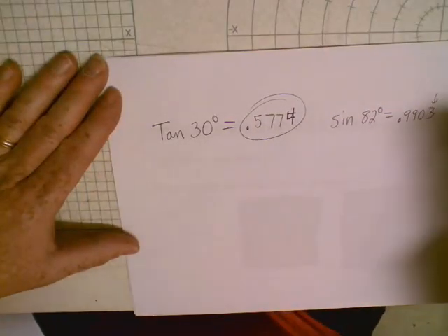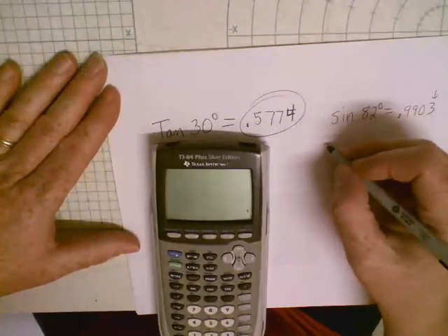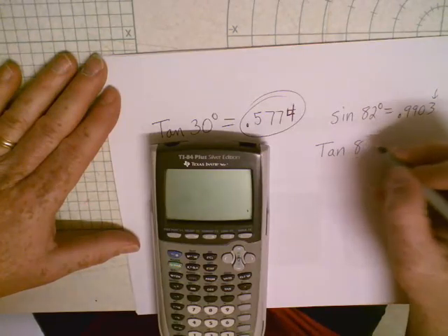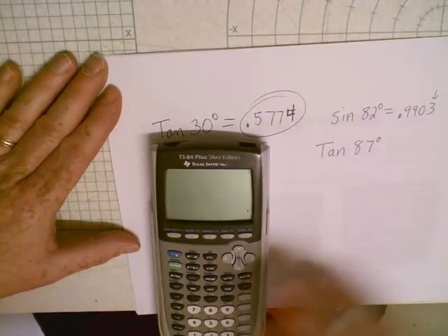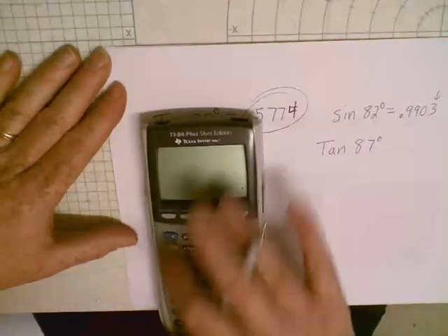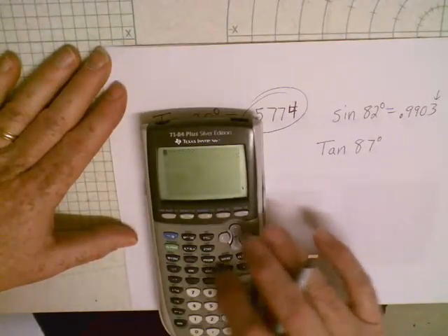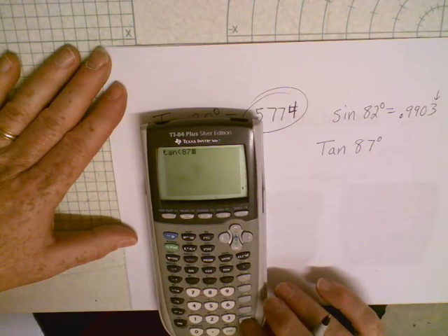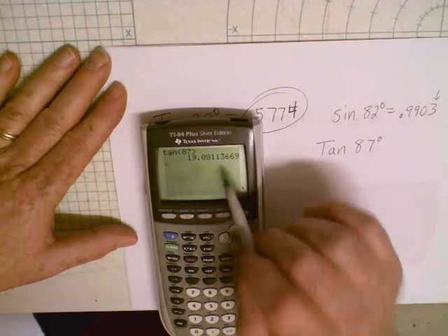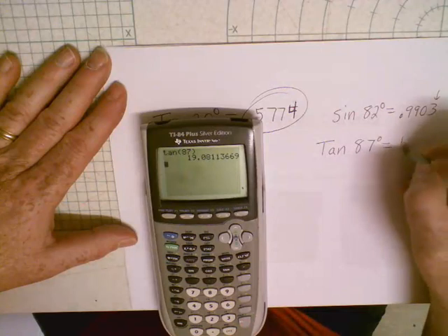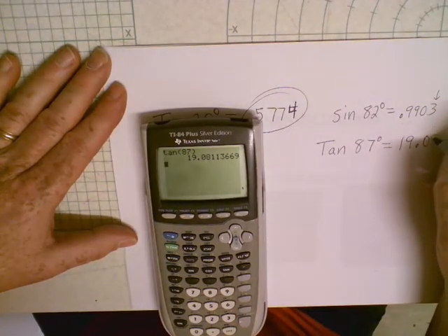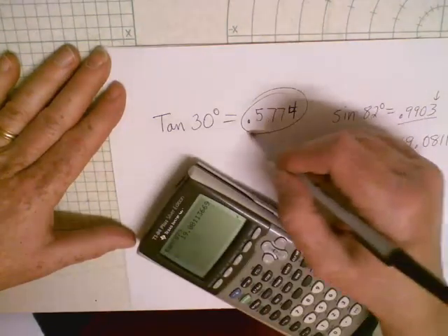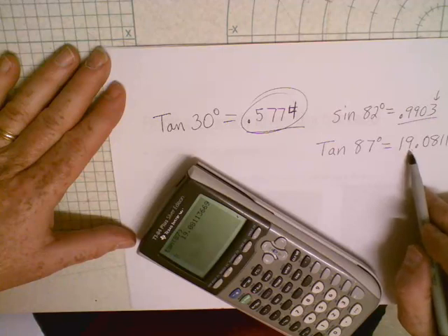If I use the big calculator, and let's do tangent of 87 degree angle, hit tangent, TAN, 87, enter. Notice here it says 19.0811. Everything else that we've gotten so far has just been decimals, no whole numbers in front of the decimal.